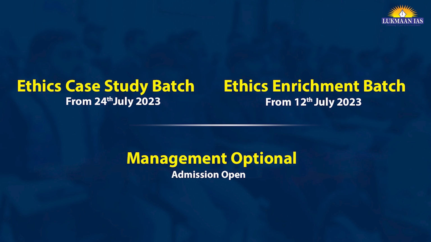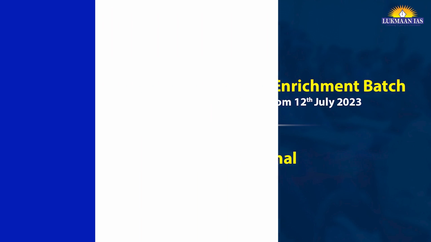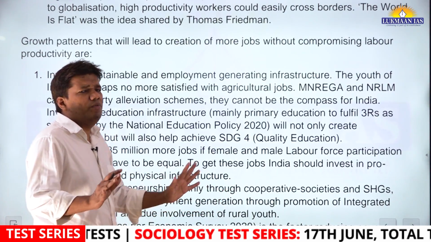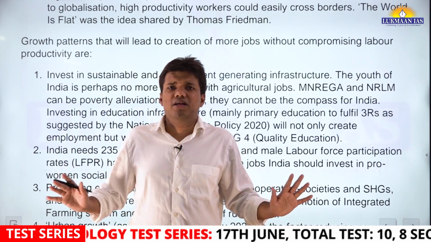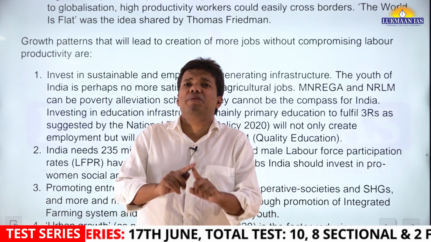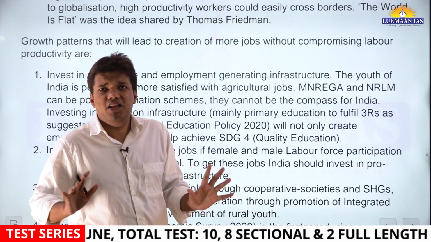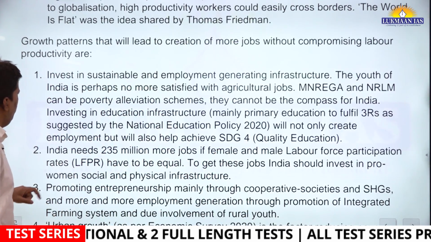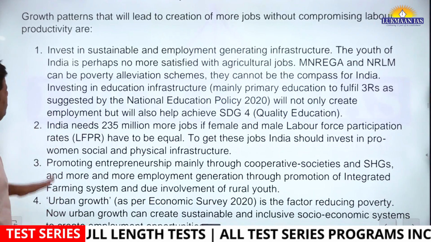In the next 10 years at max, there should be no poverty in India. Let's say at max 50 million people living in poverty, not more than that, right? And they too should not live in absolute poverty, maybe in relative poverty. That is the aim. Those kinds of thoughts you have to write in Mains, right?